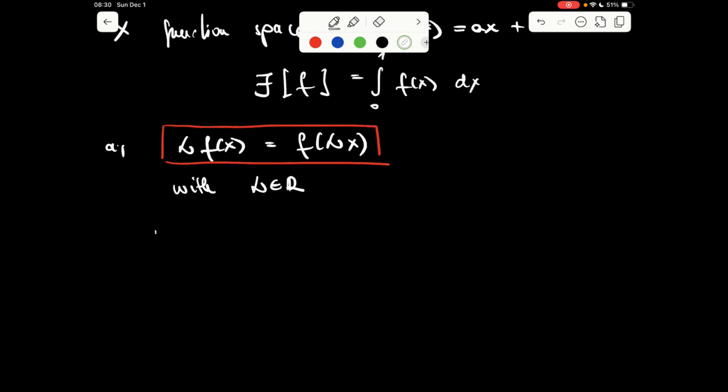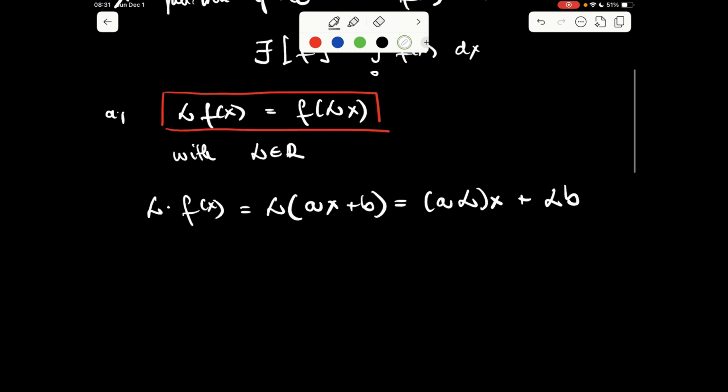On the one hand, the left-hand side means that we have this form, and on the other hand we have this form. And there is a difference.